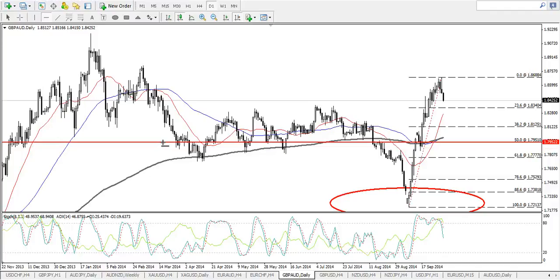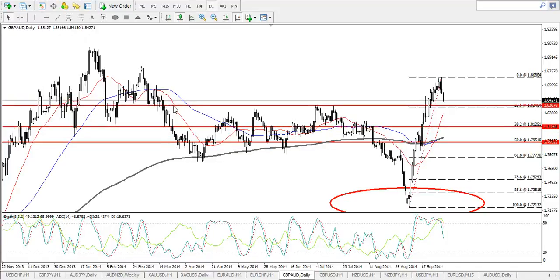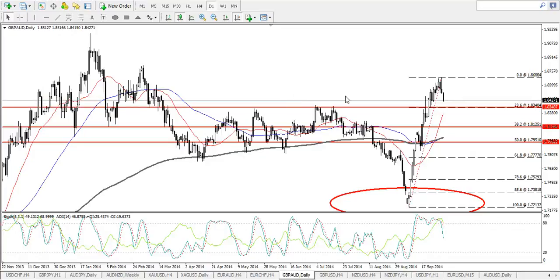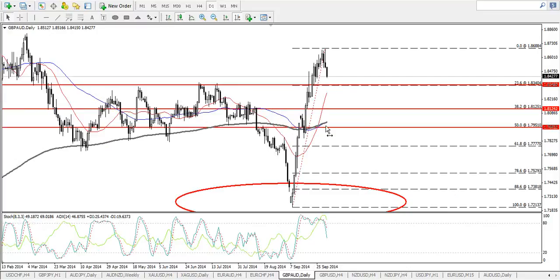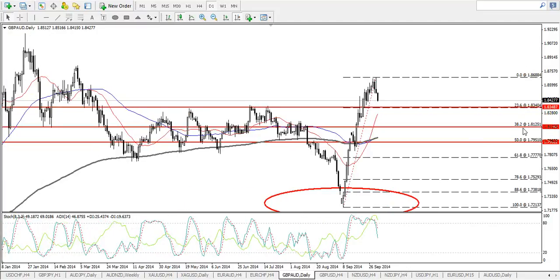That's the Fibonacci retracement level of 50%, or maybe you can look at 30.2%, or even the very first level at the 23.6% at the price of 1.8340, which is the previous resistance level over here, as you can see. So this is the first level, followed by 30.2% at 1.8125.